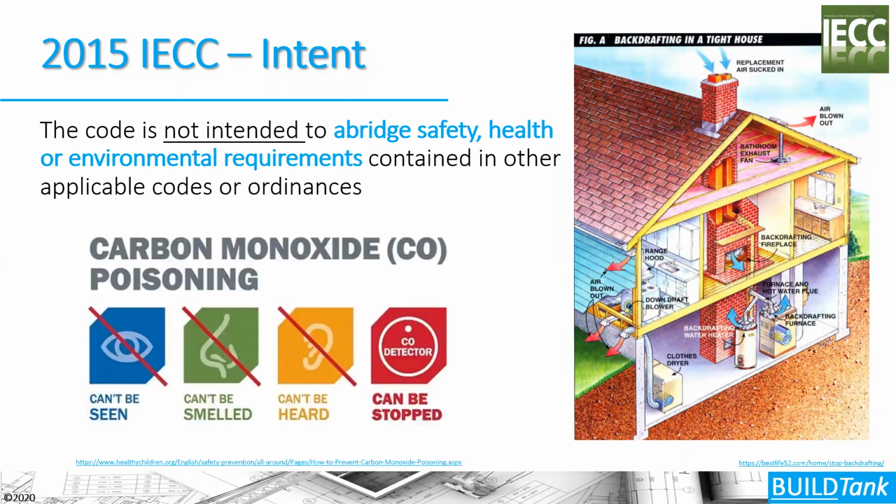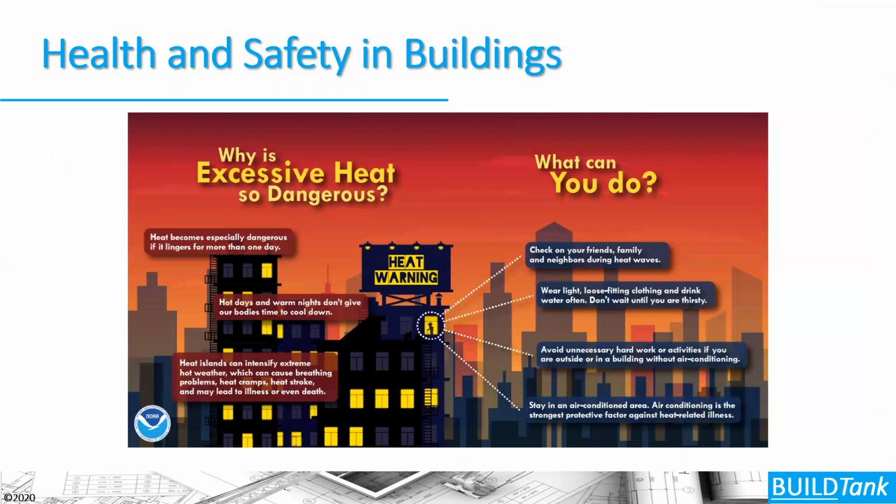This code might be dealing with carbon monoxide poisoning or having a sound building envelope that can protect us from the exterior environment, from heat exhaustion when it's super hot outside, or being cold when it's really cold outside. But regardless of that, this code is intended to be a health and safety code, just like all the other codes, and should be enforced like any other code from its health and safety perspective.